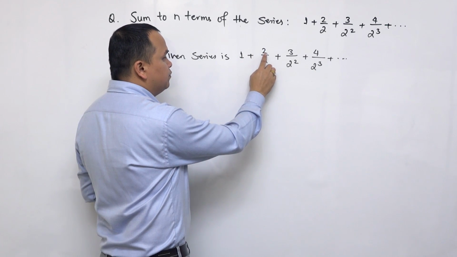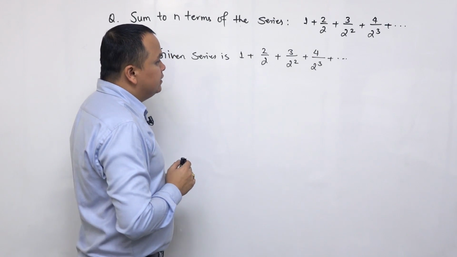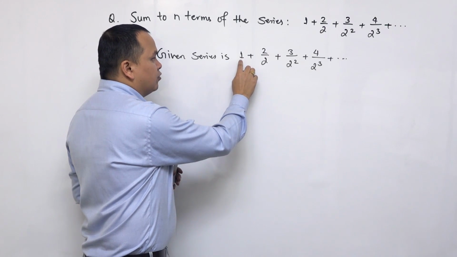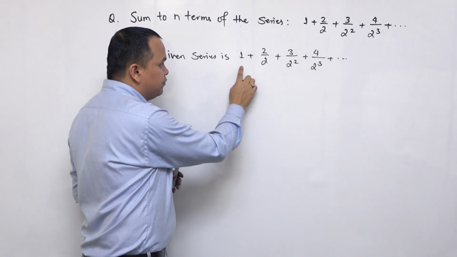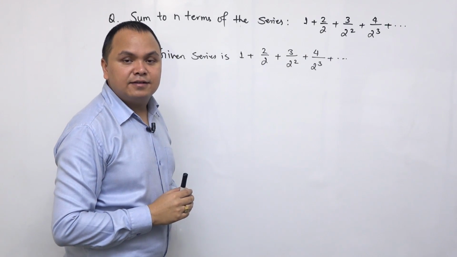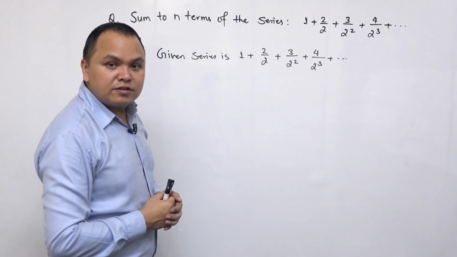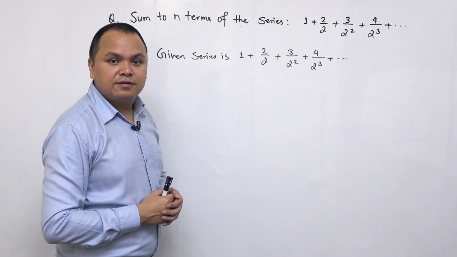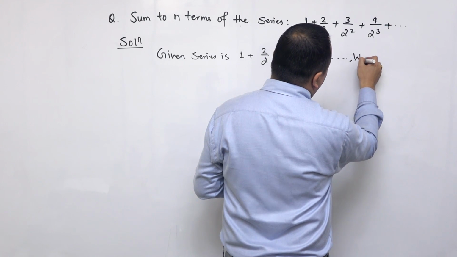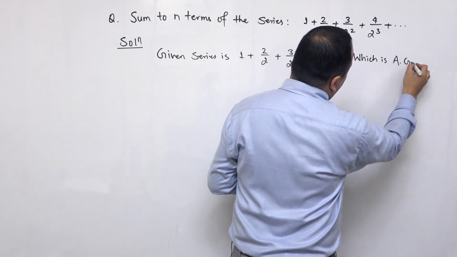Similarly, in the denominator part, if we take 1, because 1 is 1 upon 1, then 1, 2, 2 square, 2 cube, which are in GP. So the given series is an arithmetico-geometric series, that is, an AG series.